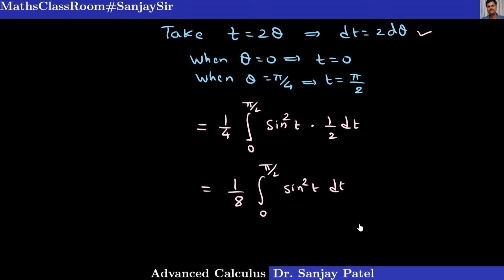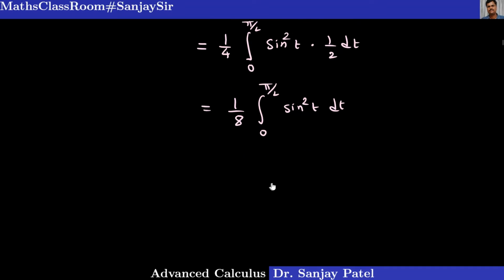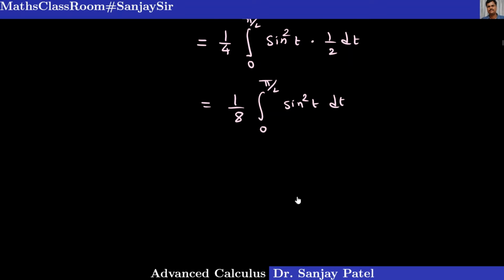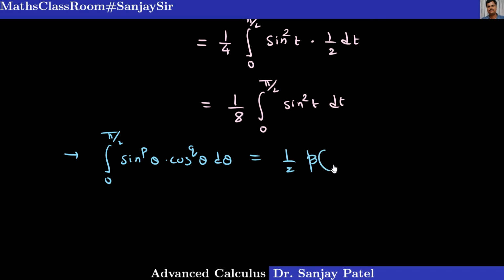For finding the value of this integral, you can use the reduction formula, but if you want to try the beta gamma function, you can use this formula: integral 0 to pi by 2 sine raised to p theta cos raised to q theta d theta is equal to 1 by 2 times beta of p plus 1 by 2 and q plus 1 by 2.